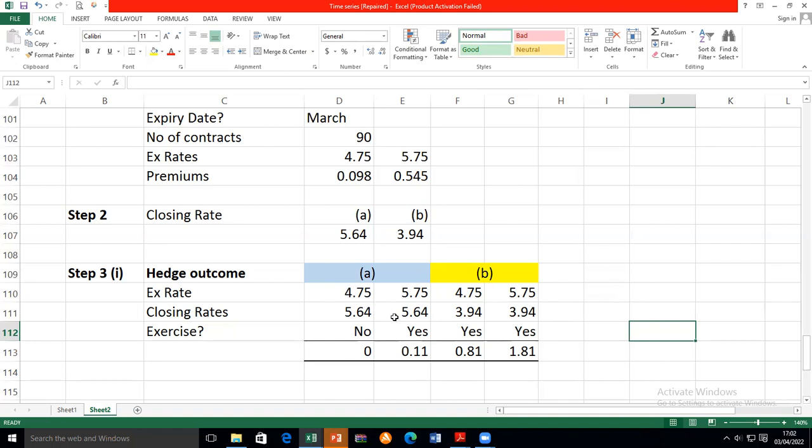The exchange rates, there are 3 under scenario B. So I'm a bit lost why there are 3. What's the one in the middle? The 5.7, just there where you've highlighted. There's 4.75 and 5.75.